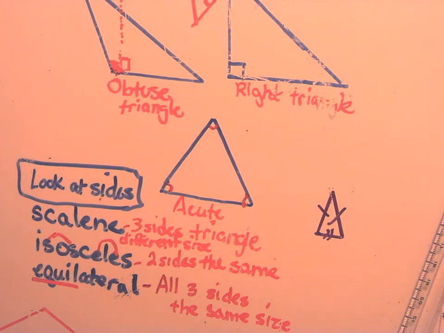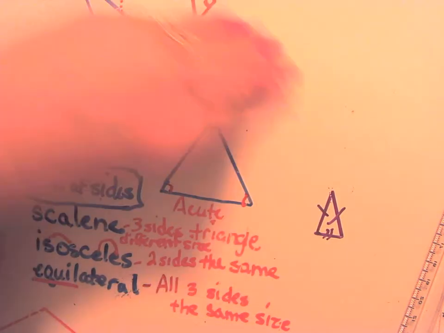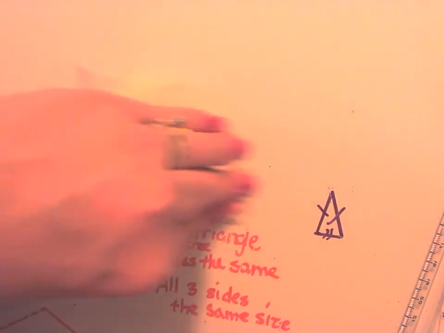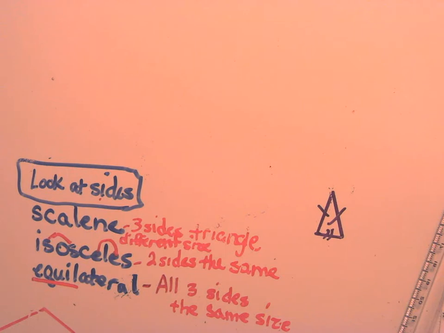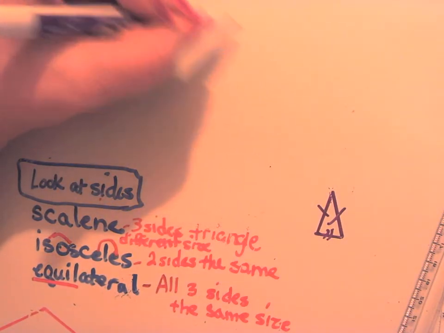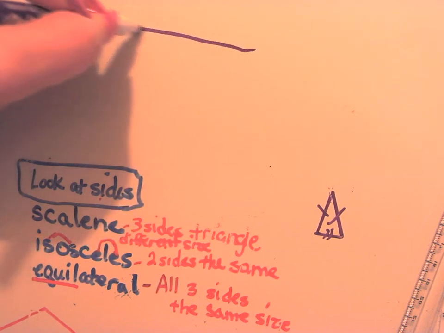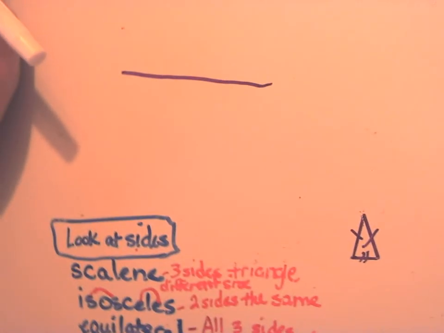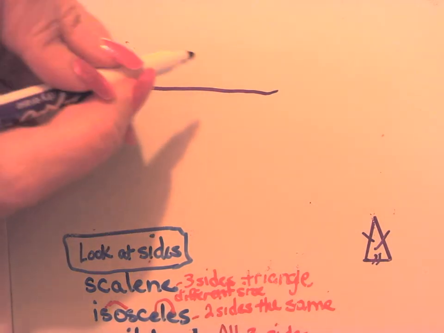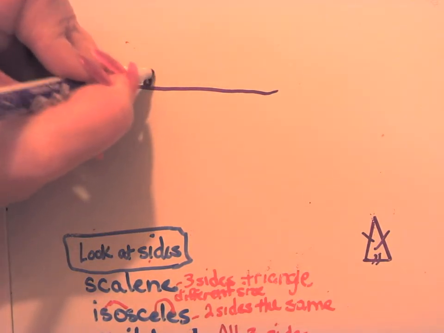On lesson practice on the next page, on 498, it asks us some questions. Can a right triangle have two right angles? Well, can a right triangle have two right angles? What do you think? Well, I'm going to test it out for you. So remember, if we take that triangle and we lay it straight out, that's 180 degrees.